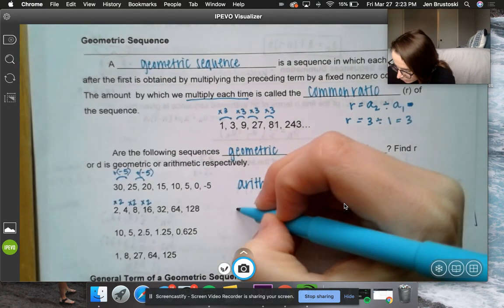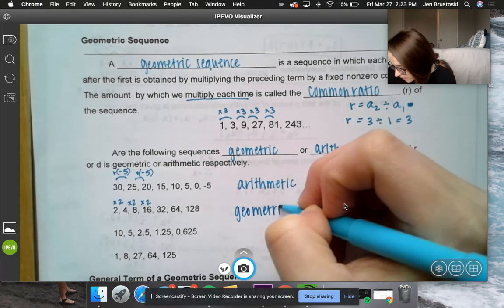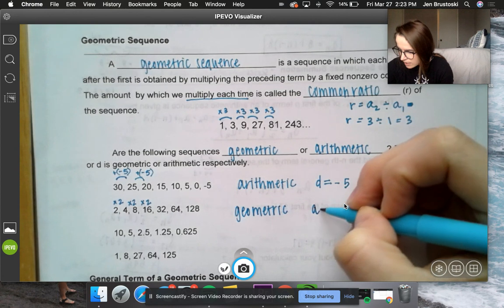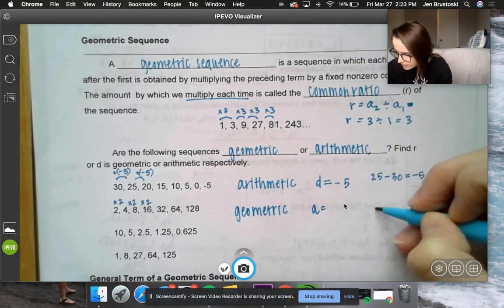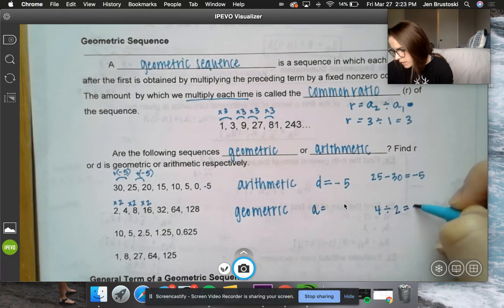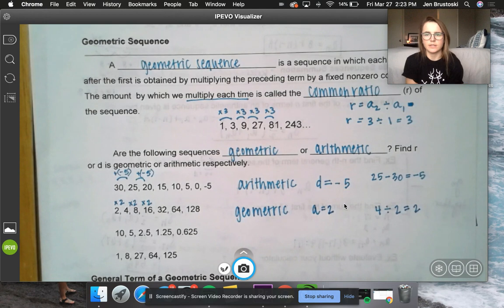Because we are multiplying, we get a geometric sequence. We need to find our r value, and the way we're going to do that is we're going to take our second term divided by our first term. So we get our r is 2. We already knew that because we noticed the pattern right away.